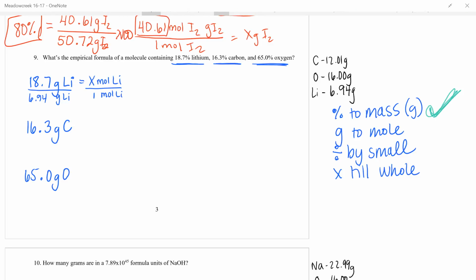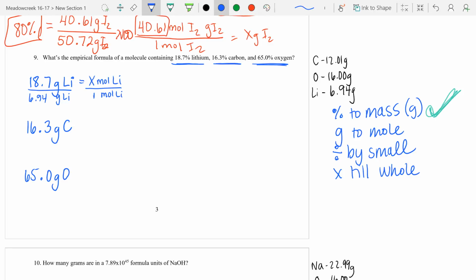When we cross multiply, we're multiplying by 1 times 18.7, which doesn't really change anything. So all we need to do is divide 18.7 by 6.94, which gives me 2.69 moles of lithium.